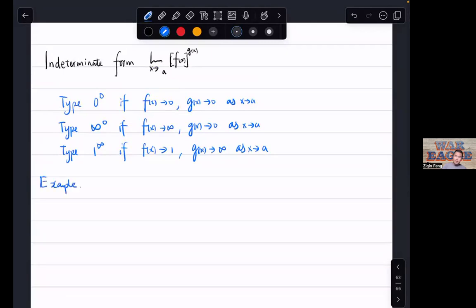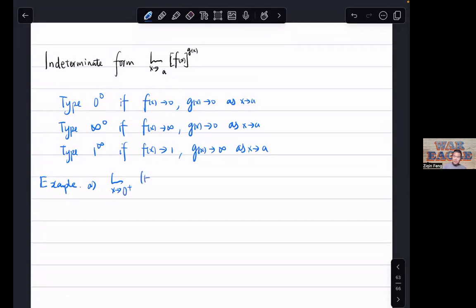And the first one here is, as x goes to a fixed number, 0 plus, goes to 0 on the right side, you get 1 plus sine of x to the power cotangent of x.